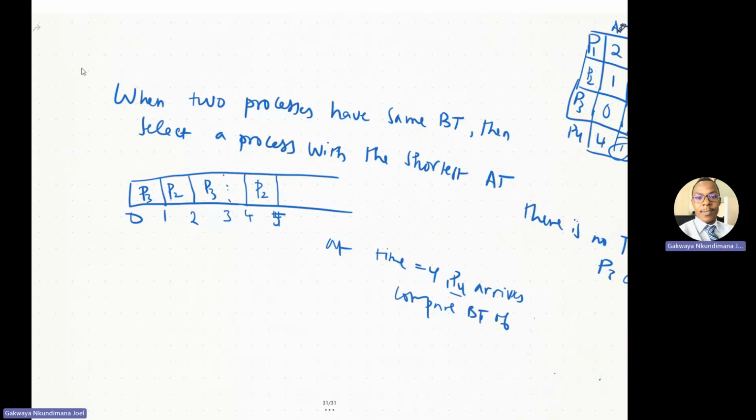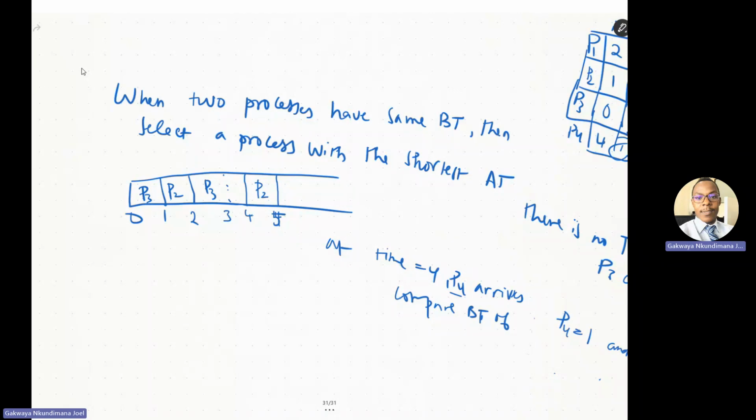I'll repeat once again this part here. Here we say that P4 arrives with the burst time which is equal to 1, right? And arrival time is equal to 4. But remember, some processes are in the waiting queue.